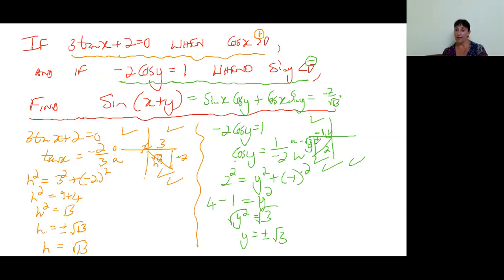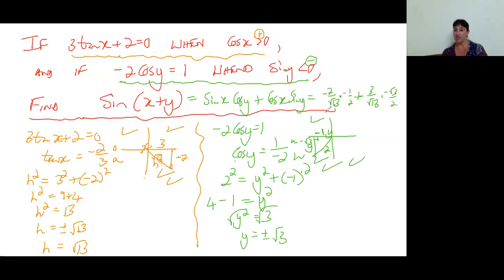Cos of y, this is the y, cos is adjacent over hypotenuse, so it's minus a half, plus cos of x is adjacent over hypotenuse, 3 over root 13, and then sine of y is opposite over hypotenuse, minus root 3 over 2.